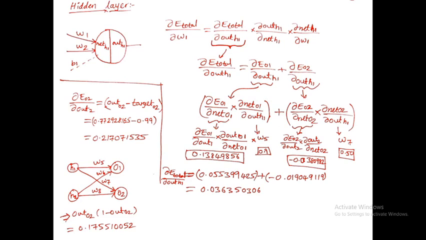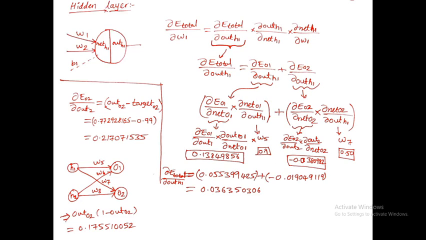If you differentiate that one, you will get out_o2 into (1 minus out_o2). Here out_o2 is nothing but 1/(1+e^-x), into, in bracket, 1 minus 1/(1+e^-x).